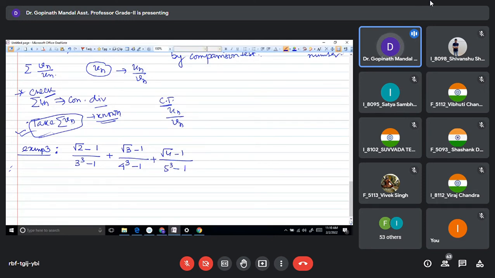Now examine the series, convergent or divergent. So this is our unknown series, and find un, the nth term. What will be the nth term?